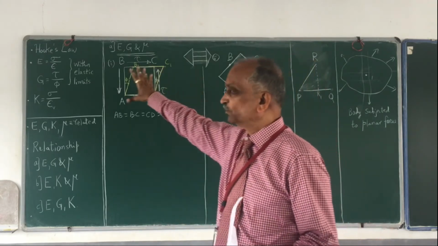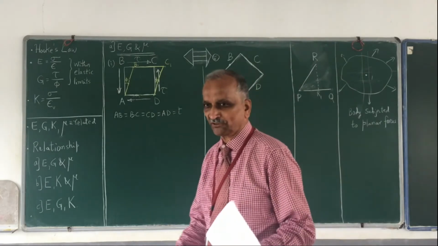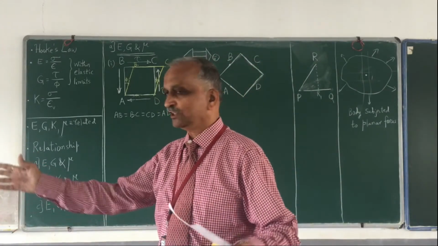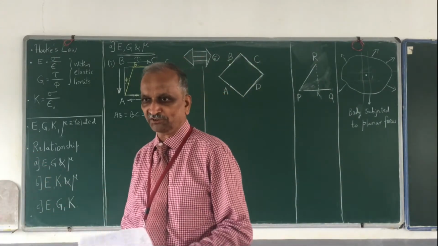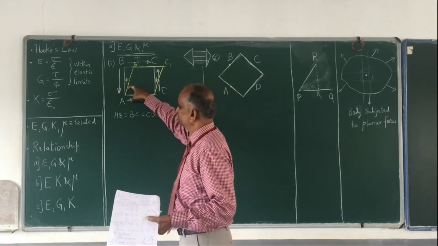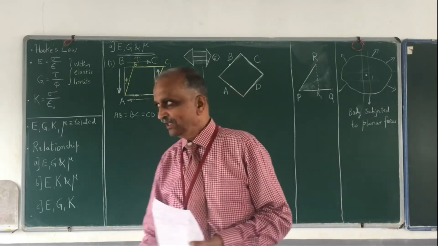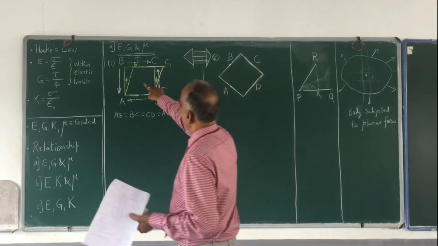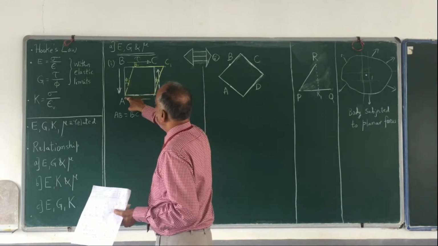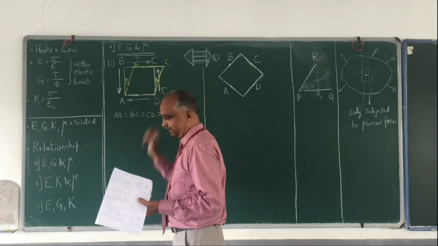It is very easy compared to normal strain, which is the change in dimension divided by the original dimension. Here, the change in the angle, which was earlier 90 degrees, and how much it has decreased, is called shear strain. So this is A, B1, C1, D, my new shape.